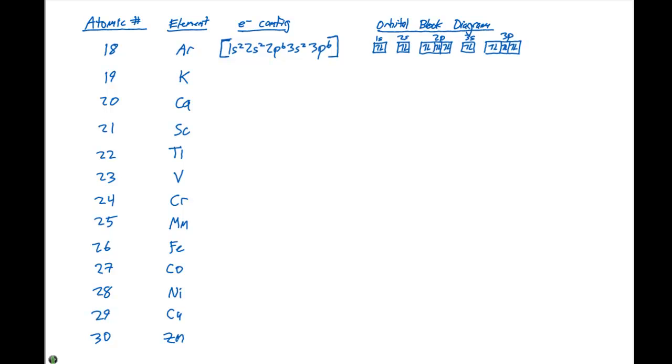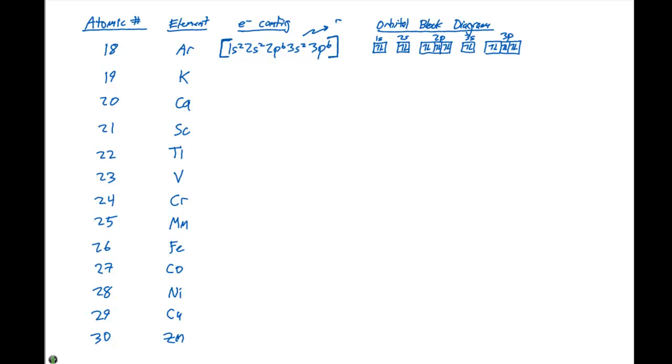So chemists, just like electrons, are pretty lazy, and we don't want to write all of this out all the time. So for different electron configurations, we can come up with some abbreviations, or we can say condensed noble gas electron configurations. For example, argon here, we've listed in the previous video, and I've written out the electron configuration here.